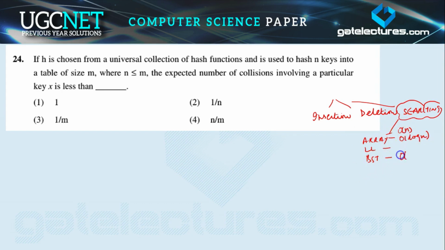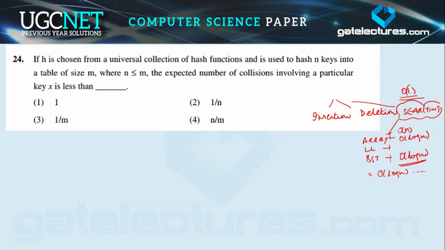In a BST also, on average, the best case searching time is order of log n only, right? So we improved it in hashing, and hashing will take only order of 1 time during the searching operation, right? First thing.